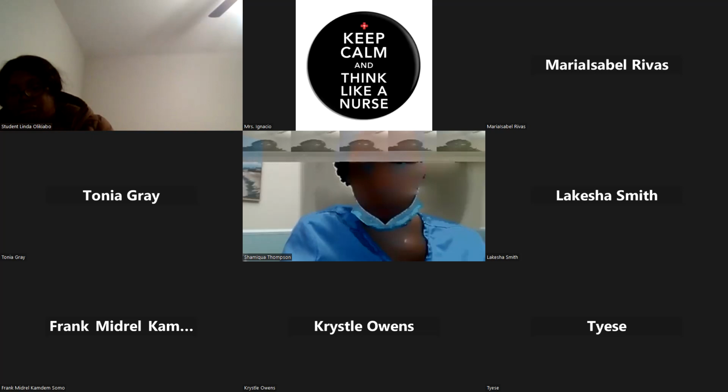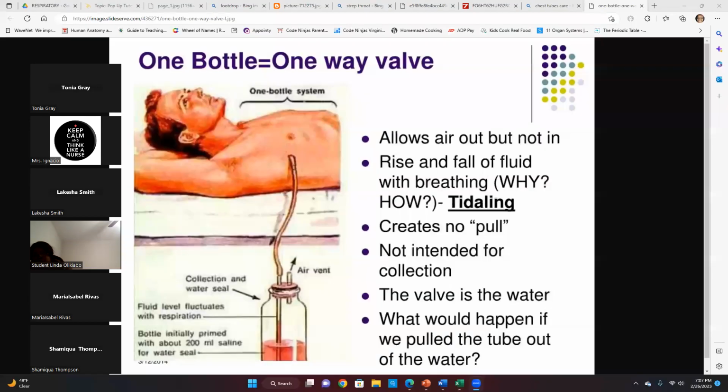Okay, so Thais says it has to be free of kinks, so that's good. They promote drainage. Okay, yes, that's true. It promotes drainage. Okay, that's great.